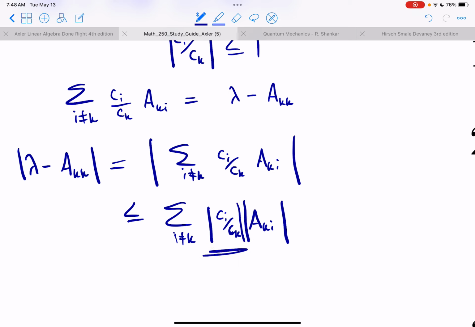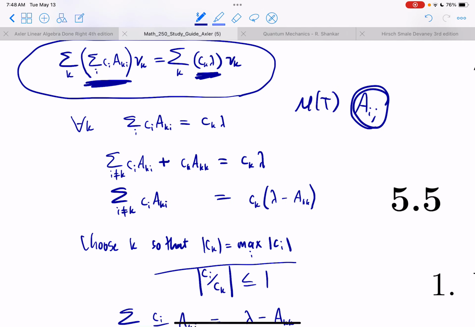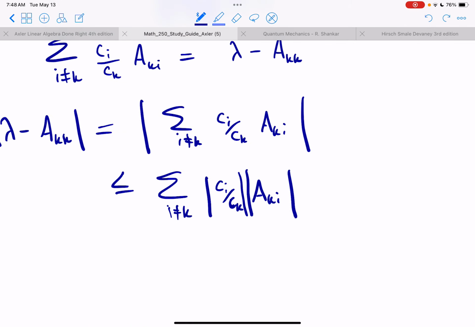And this thing is less than or equal to 1 because nobody can stop me from choosing, we knew this for all k, so I'm just going to choose the one that has the biggest c_k. But that means this is less than or equal to 1. So this first less than or equal to came from the triangle inequality. This less than or equal to is by my choice of k. The sum over i not equal to k of a_ki.